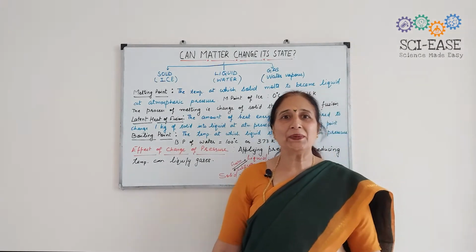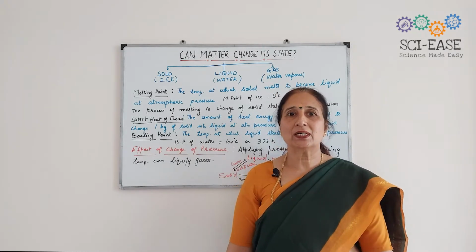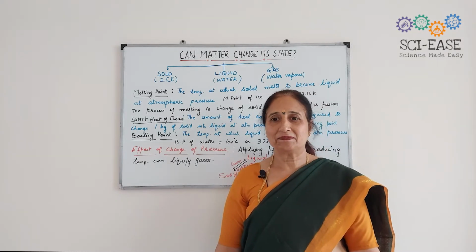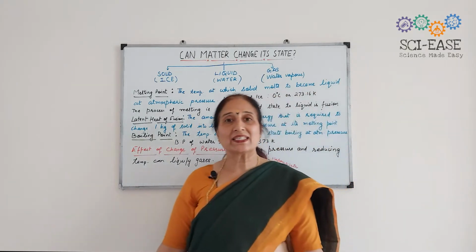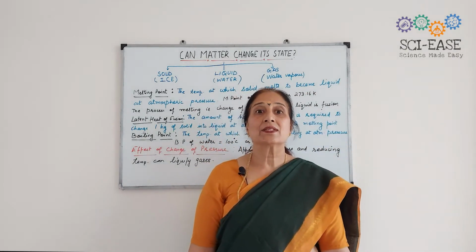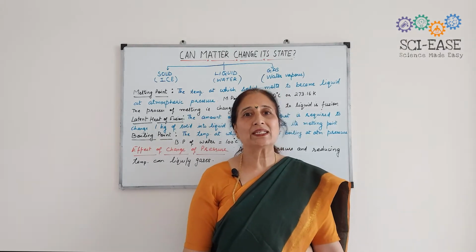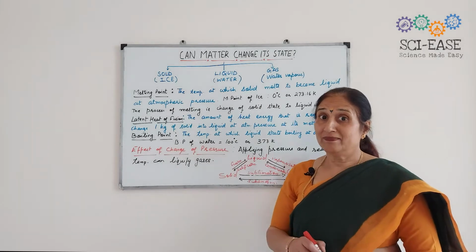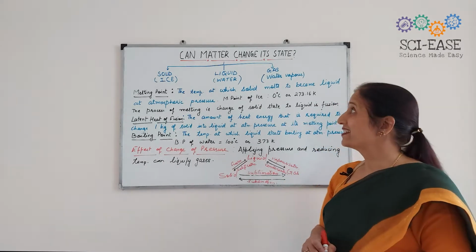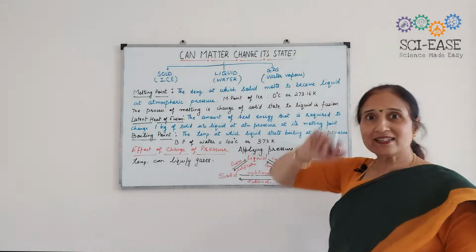In the last video, we discussed the states of matter. I told you that matter exists in three states: solid state, liquid state, and the gaseous state. Now, the next topic is, can matter change its state?